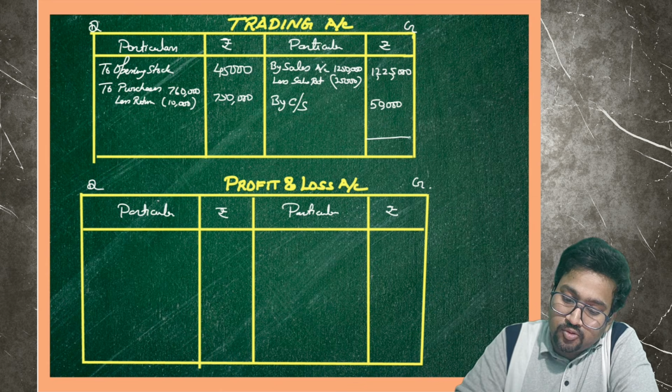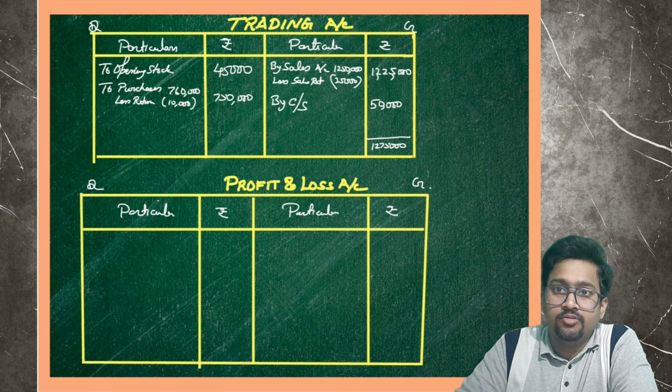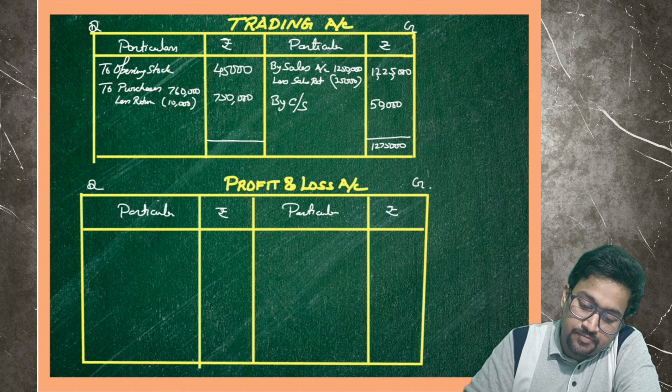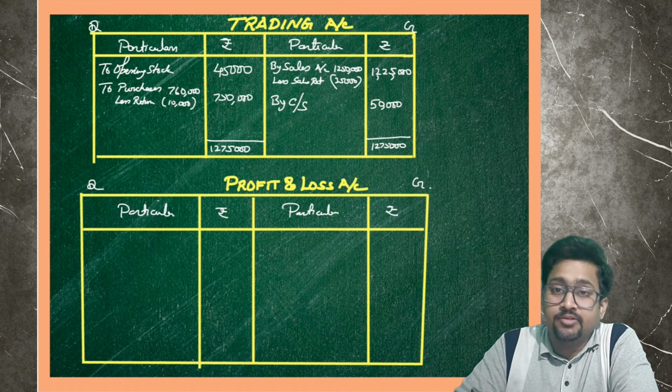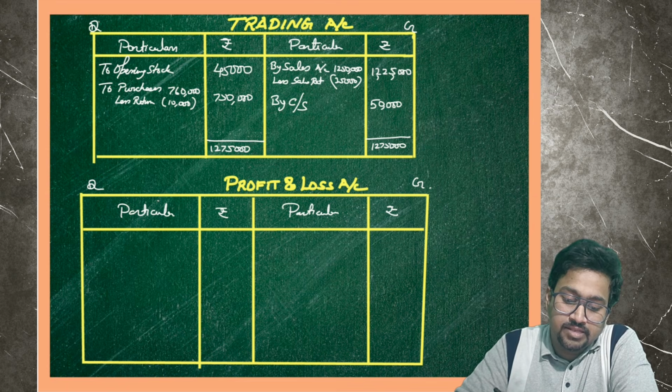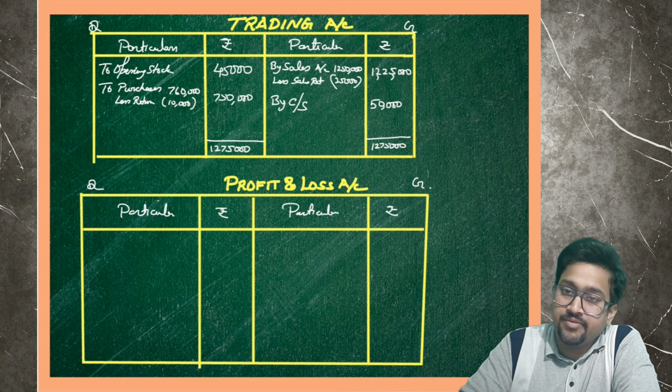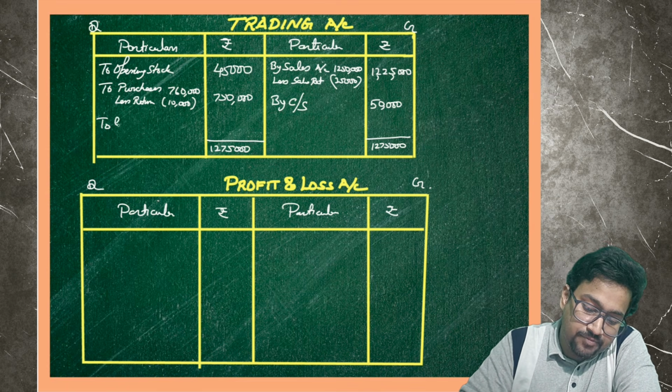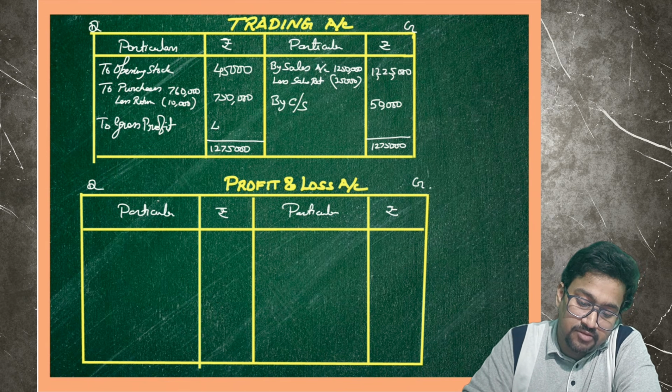So total it will be 12,75,000. The higher amount we write on both sides. Here also 12,75,000, and from this 12,75,000 we reduce this 7,95,000, I mean 7,50,000 plus 45,000. So here, to gross profit, this will be 4,80,000.